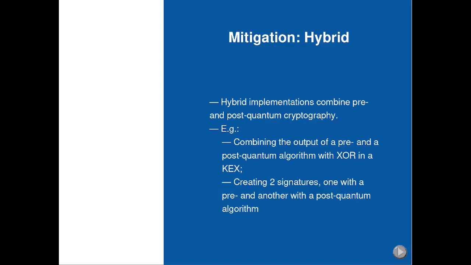Some examples in this category are combining the output of a classical and a post-quantum algorithm with an XOR operation in a key exchange. For digital signatures, creating two signatures, one with a classical and another with a post-quantum algorithm, are ways to mitigate the quantum threat.